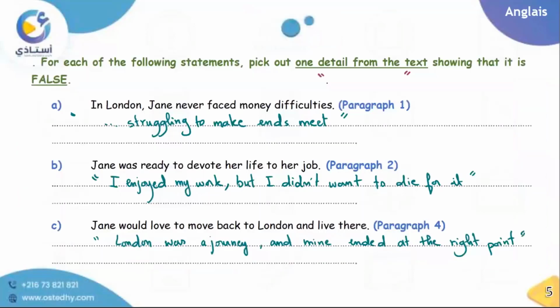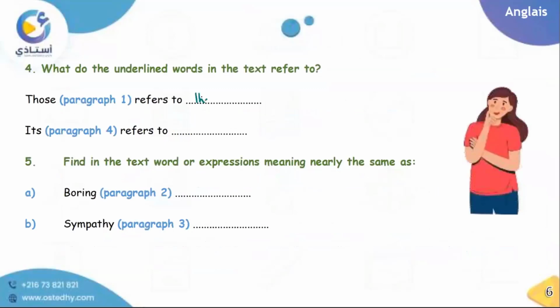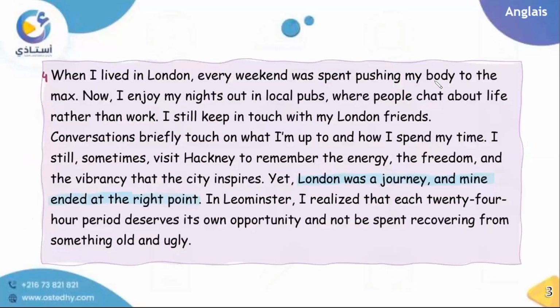The 10 years she had spent in Hackney. Let me write Hackney. It is a place, so we need to capitalize it. Okay. Now it's in paragraph 4. What does it refer to? Let's see. What is it?